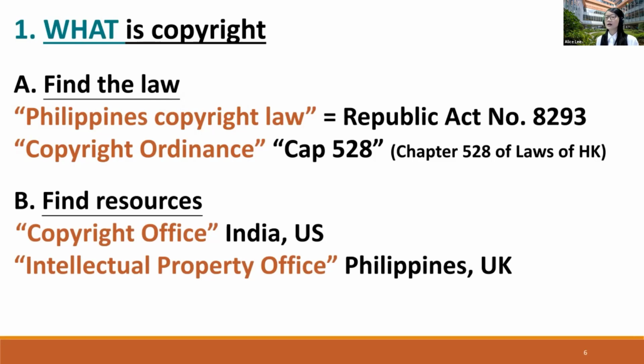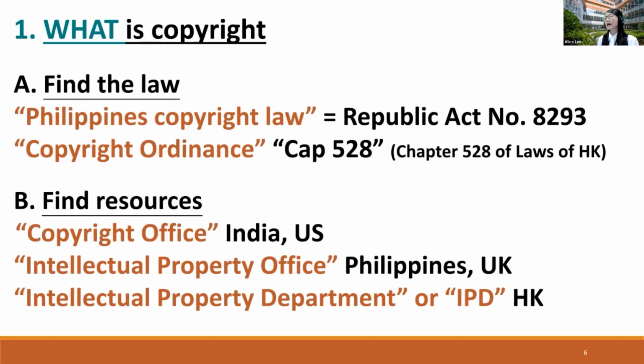I have also checked that in the Philippines and in the United Kingdom, they call the relevant office the Intellectual Property Office. So you just type these three words plus the name of your place, then you will be able to see the official website. How about my hometown, Hong Kong? It is called the Intellectual Property Department, or you simply type IPD, the acronym. Then immediately you can go to the online version.